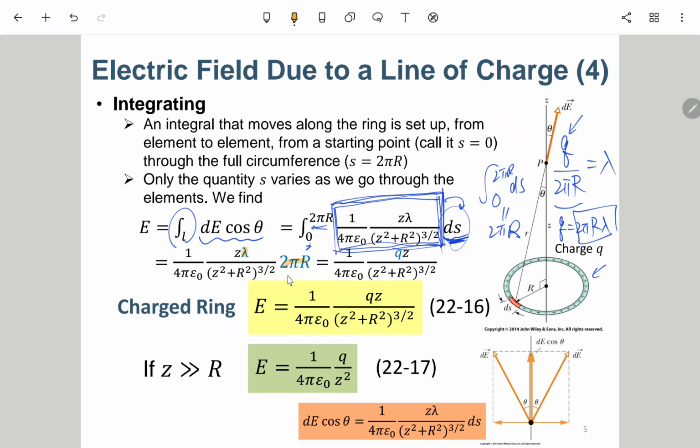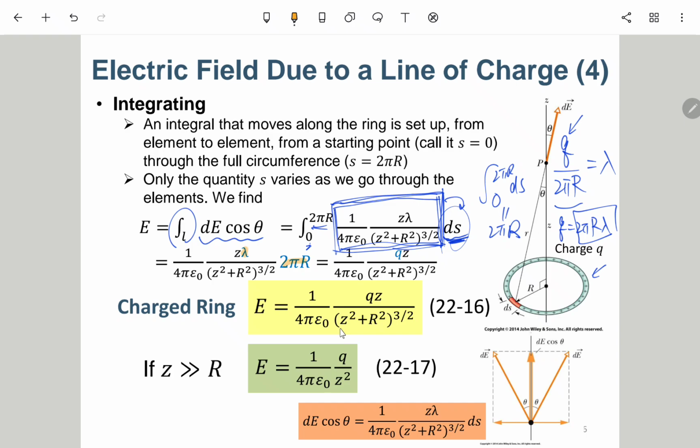And this one is also similar, putting it here. So this is actually the closed form solution for the E field along this z-axis. Just an introduction. So here the charged ring will have an E field, something like this.